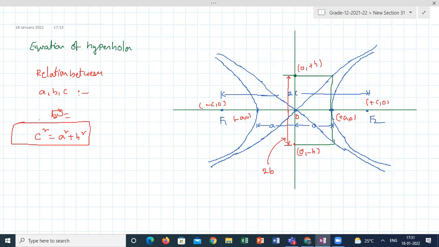How can we prove this? Anyone? Guys, please respond.